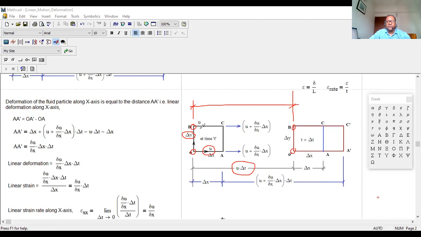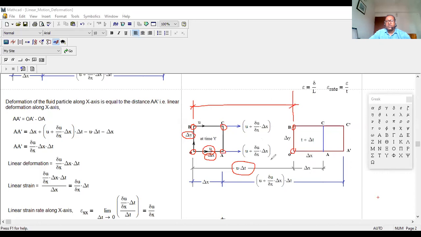This length is delta x. So by using a Taylor series, our h will be delta x. So the velocity of points C and A along the x-axis will be u plus del u by del x times delta x.